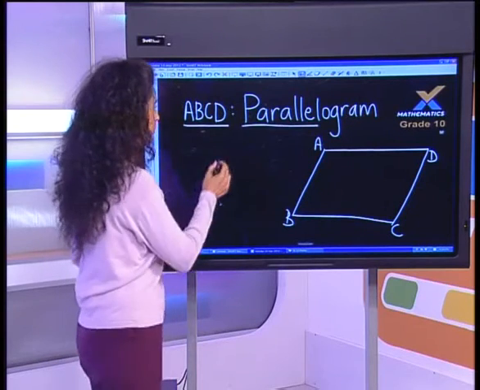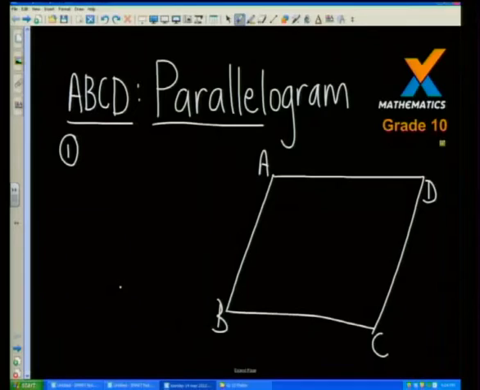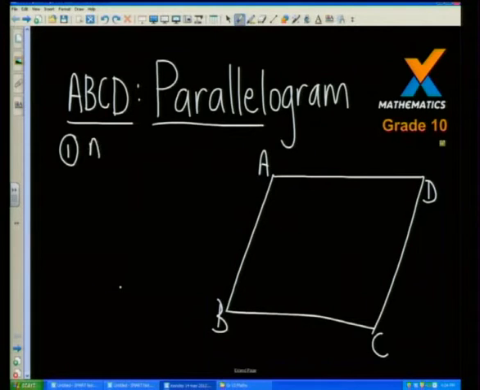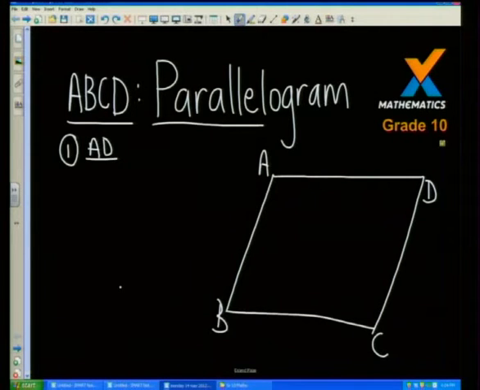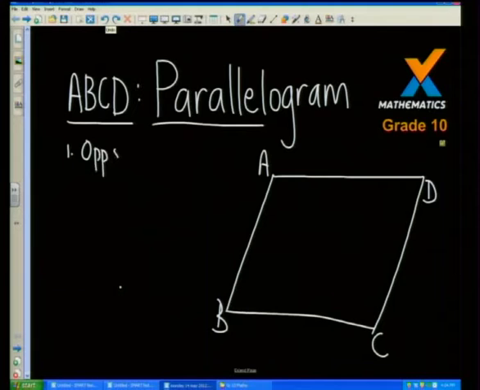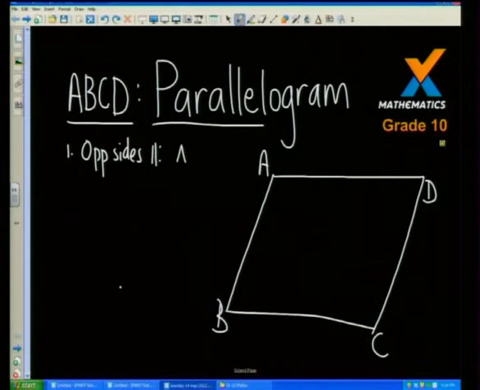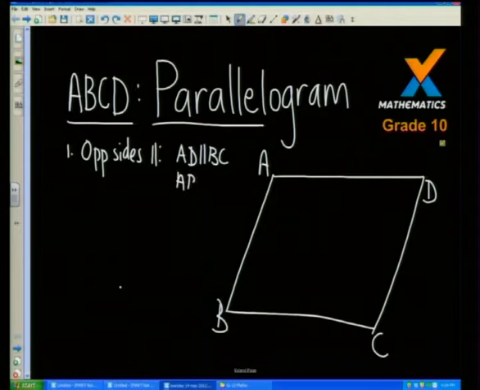So we would say that its feature, firstly, is that the definition is that its opposite sides are parallel. In this case, we have AD is parallel to BC, and since it's both pairs, we have AB also parallel to DC.